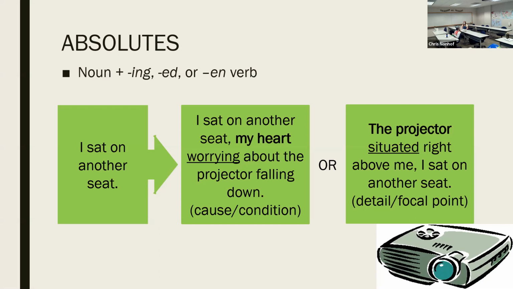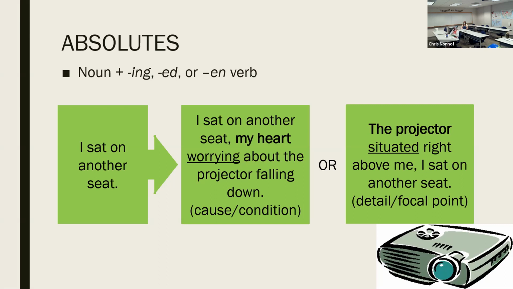If you add an absolute, it becomes: I sat on another seat, my heart, which is a noun, worrying, which is an ing verb, about the projector falling down. In this sentence, the function of an absolute is to show the cause why you're sitting on another seat.